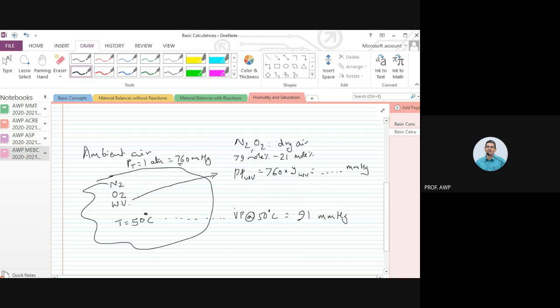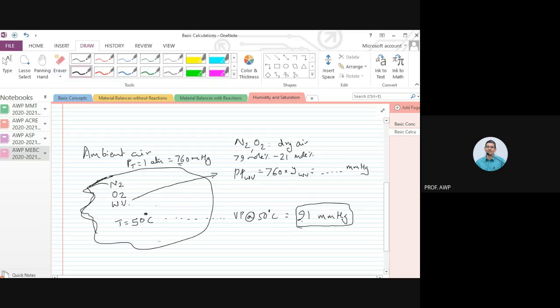That means in this air, the partial pressure of water vapor can be anything up to 91 millimeters of mercury. It cannot be more than 91, because if it became more than 91 millimeters of mercury, then liquid water will start condensing out. That's the equilibrium between liquid and vapor.